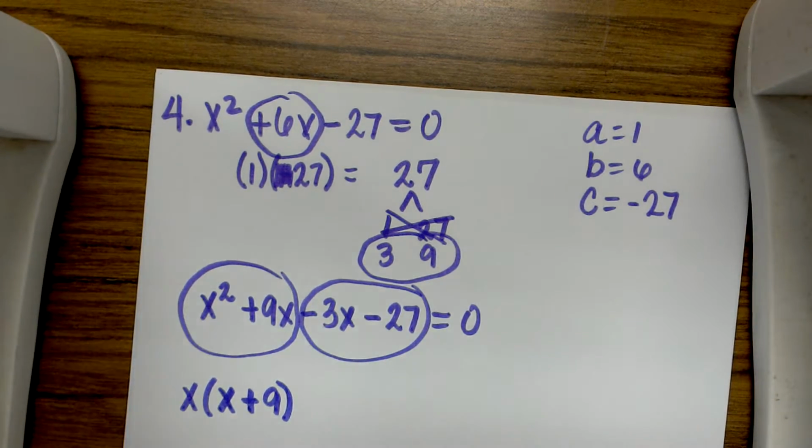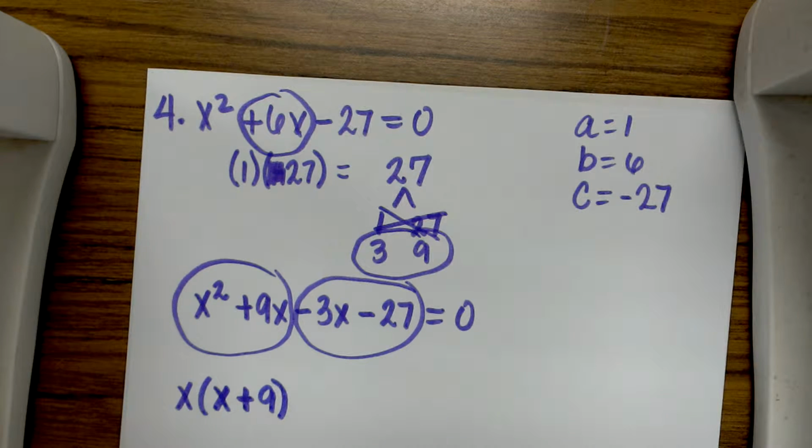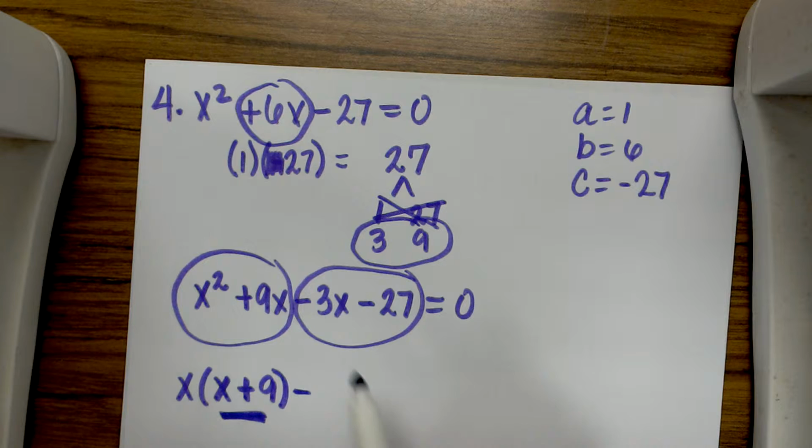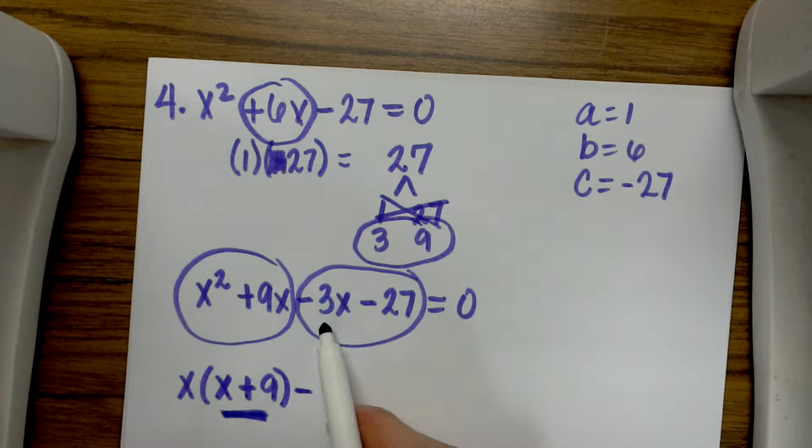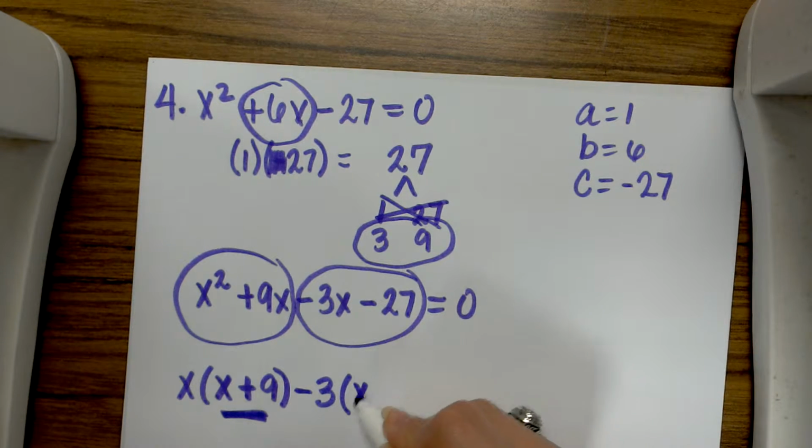Okay, so then we want inside our parentheses to be positive, so we're going to pull out a negative something. Let's look here. We have negative 3x minus 27. We have a negative 3 and 27. Well, I can pull out a negative 3. If I pull out a negative 3, this becomes a positive x.